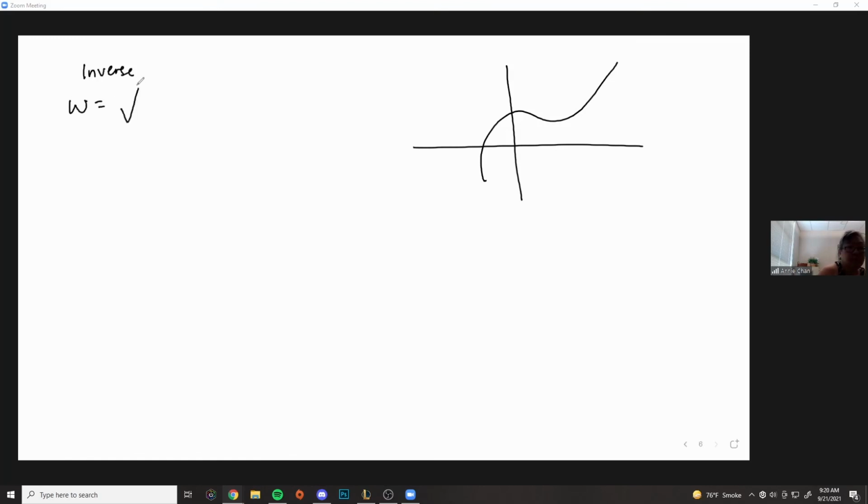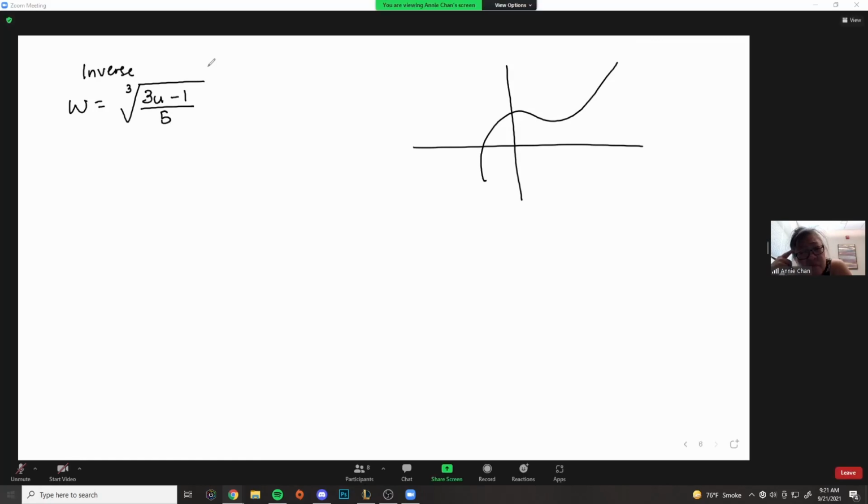You would pick points. A graph is drawn for you and you are asked to inverse this graph.